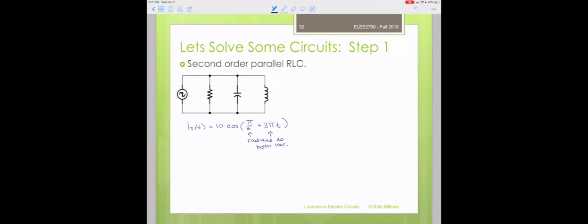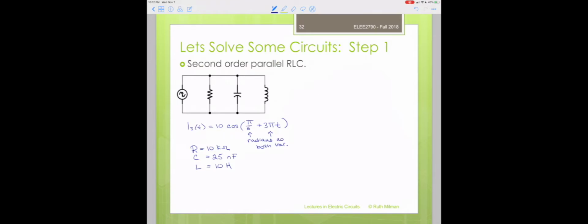In which case we can simply use radians. For this circuit, the resistance is equal to 10 kiloohms. The capacitance is equal to 25 nanofarads, and the inductance is equal to 10 henries.